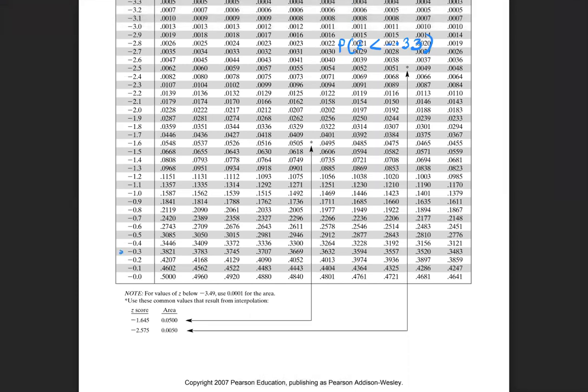If we go along this row, this is 0.00, 0.01, 0.02, 0.03. So this is your value: 0.3707. Or if I were to ask you to find the probability of Z less than negative 0.59, you go to negative 0.5, which is right here, and you go along this row all the way to the last item, which is what?